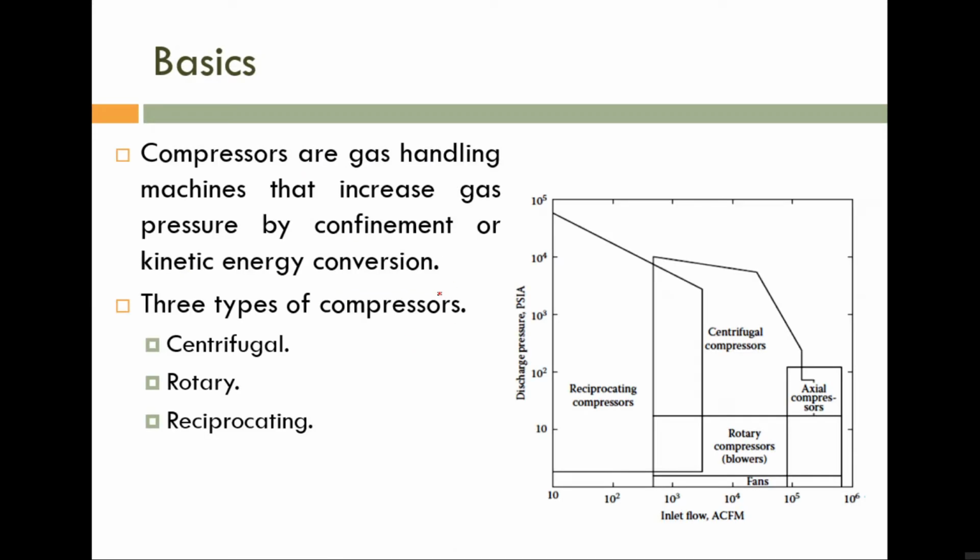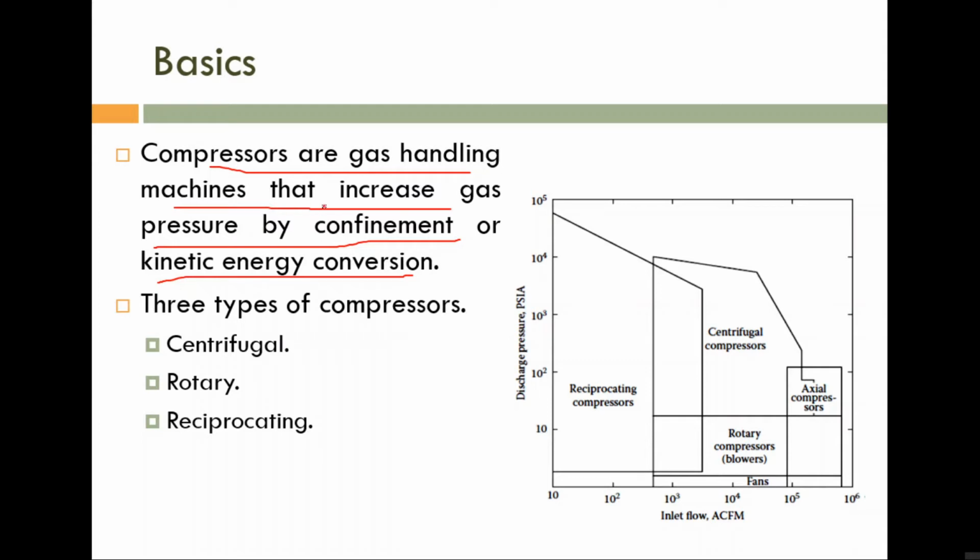Now first, a small discussion about the basics of control of compressors. I told you compressors are gas handling machines that increase gas pressure by confinement or kinetic energy conversion. So after compression we are increasing the gas pressure.